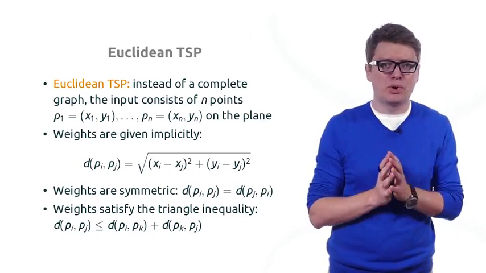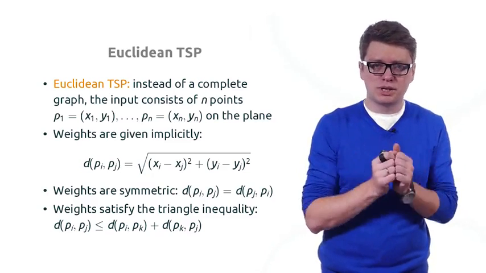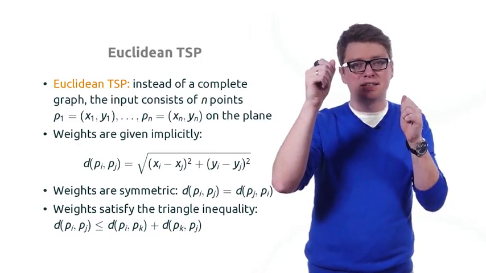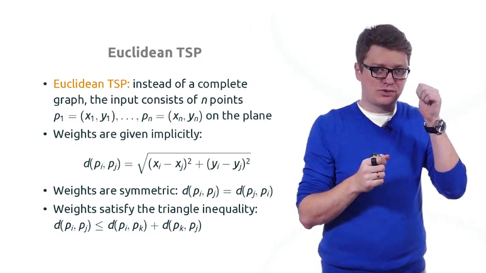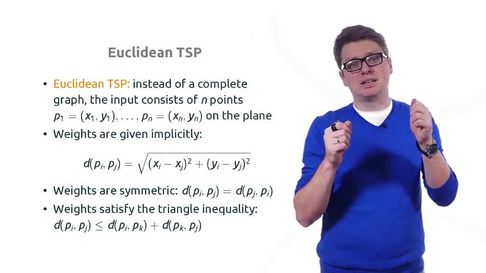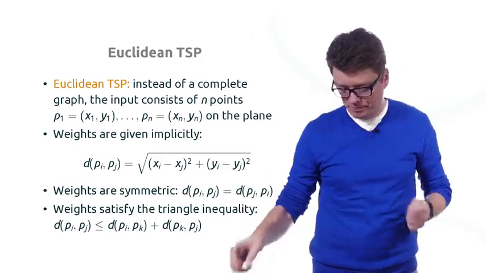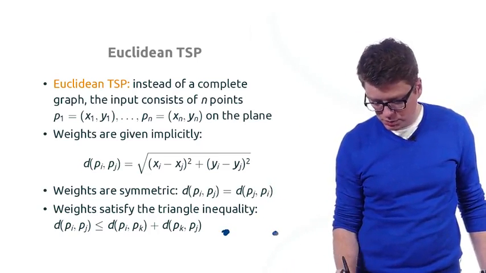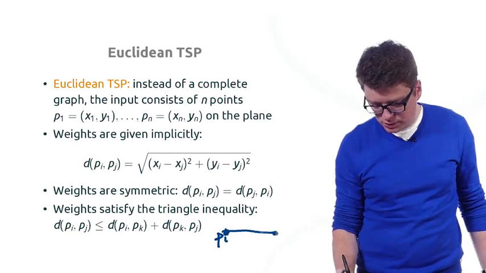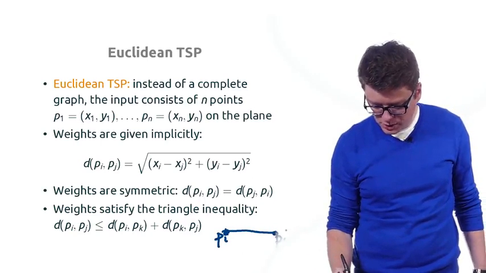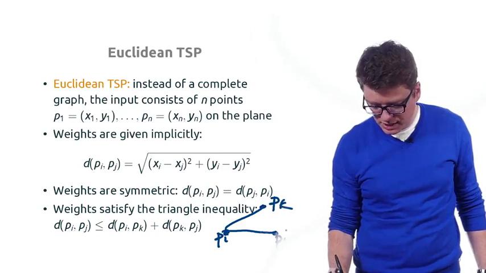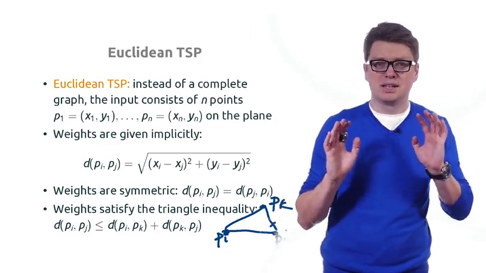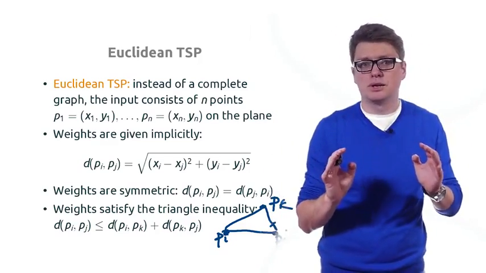Namely, for every 3 points pi, pj and pk, the weight of the edge from pi to pj is at most the weight of the edge from pi to pk plus the weight of the edge from pk to pj. Put otherwise, the shortest path from pi to pj is to go directly from pi to pj. Each time when we go through some other vertex pk, we get probably a longer path. So probably there's a path of the same length, but not shorter.